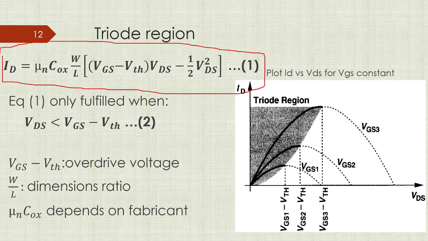Now let's plot this equation. We have a quadratic function, so it's a parabola, but with a minus sign. So this will give us a maximum value in the parabola. What is this value? We can derive this equation, we can derive ID over VDS.